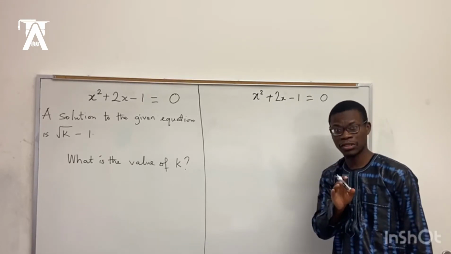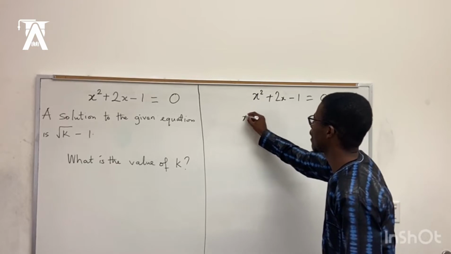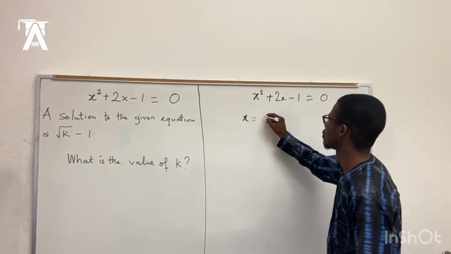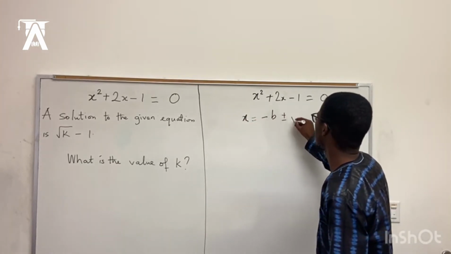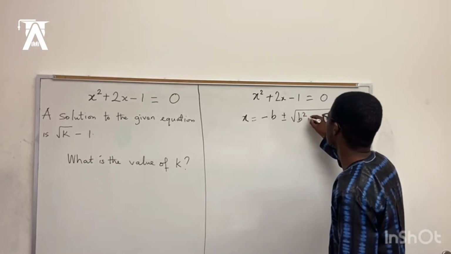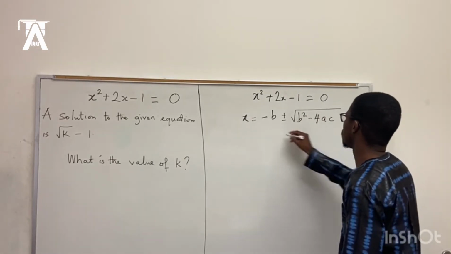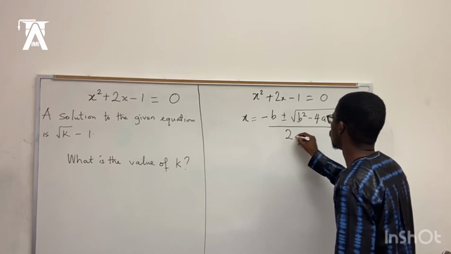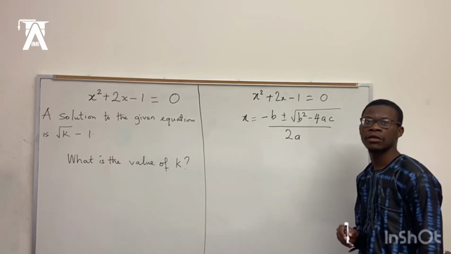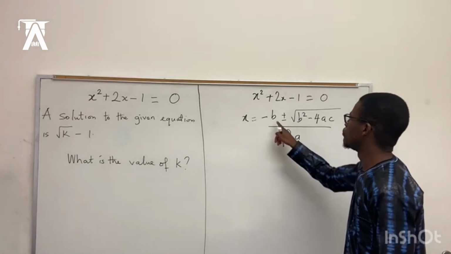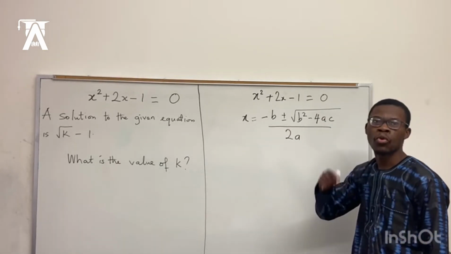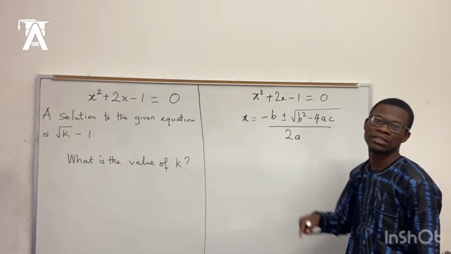And the quadratic formula is written like this. x, the root of the equation, is minus b plus or minus square root of b squared minus 4ac, divided by 2a. Now, a, b, and c are the coefficients of the quadratic equation.